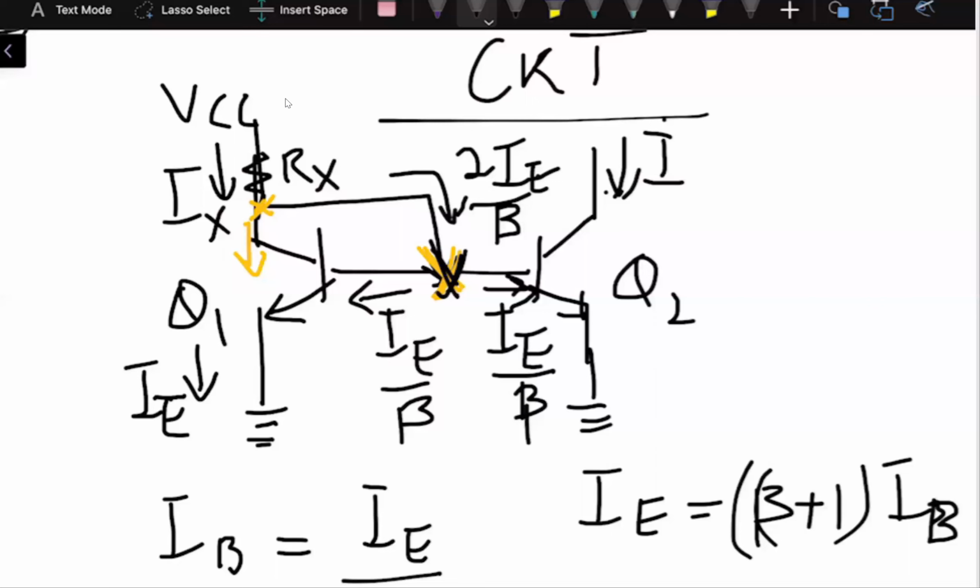Right, then we have the other junction over here, which I have just pointed out. At this specific junction, IX is flowing towards this junction, and it is splitting into two currents, one is this one and the other one is this one, right?